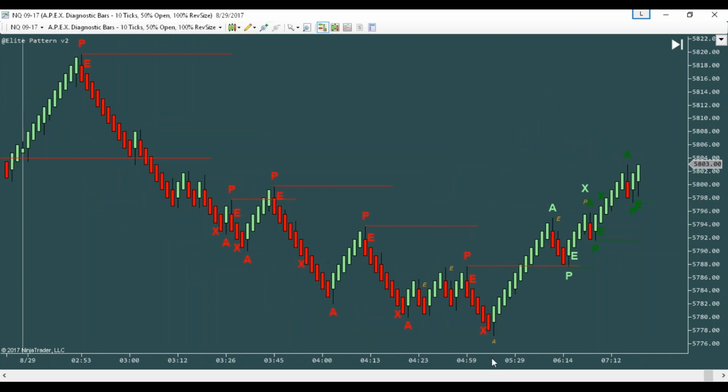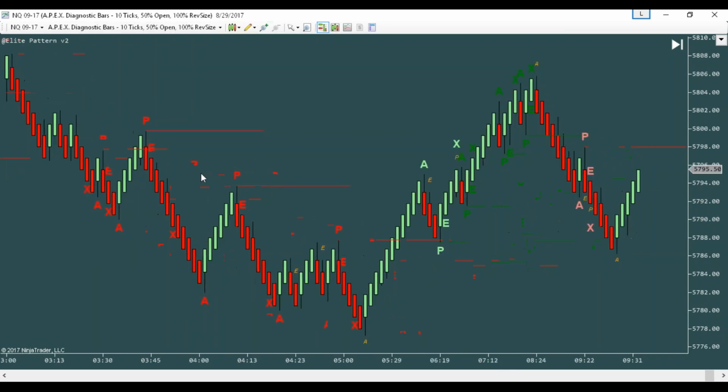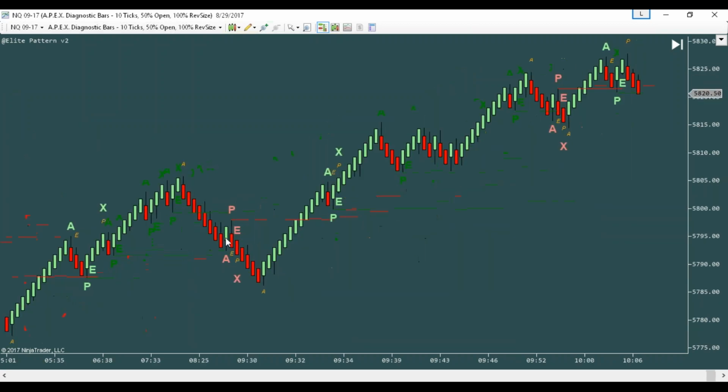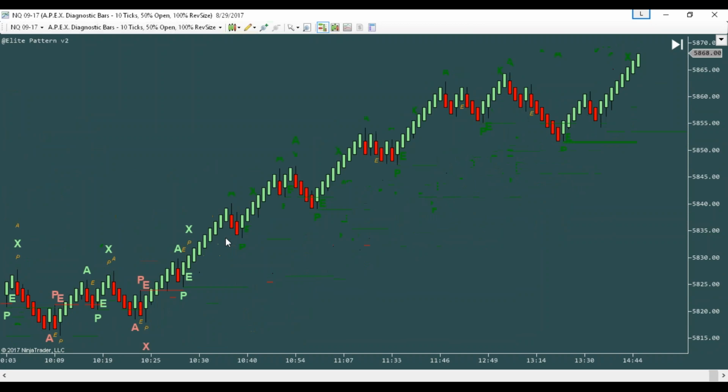Does it shoot straight down? Or like we've already seen, there's little pullbacks, right? That's the apex pattern, to help recognize those: lowest point, pullback, pivot, go on down. Lowest point, pullback, pivot, go on down. Very basic explanation of the apex pattern.